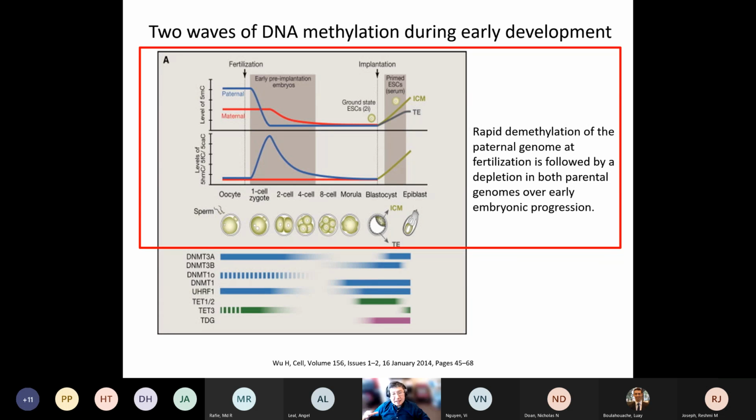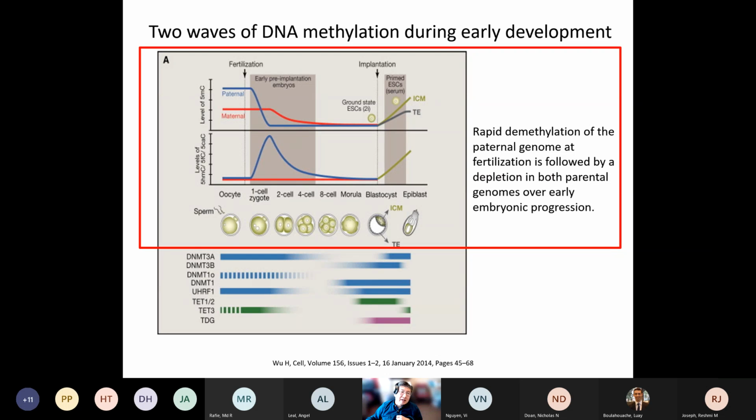It's not completely erased. There are still some DNA methylation kept, but it's the lowest in anybody's life. After that, the cells will start to differentiate to give rise to all kinds of cells, and DNA methylation will start to pick up. So here on top is about DNA methylation.